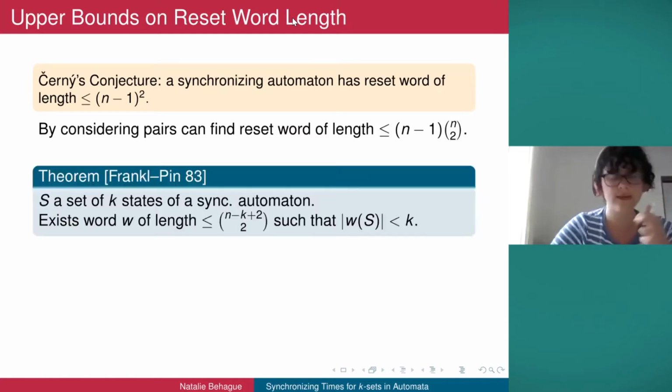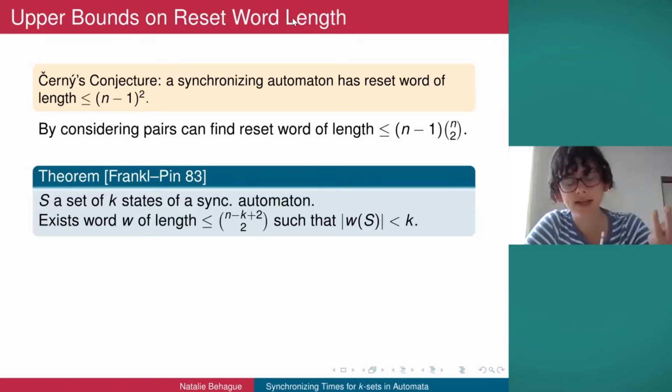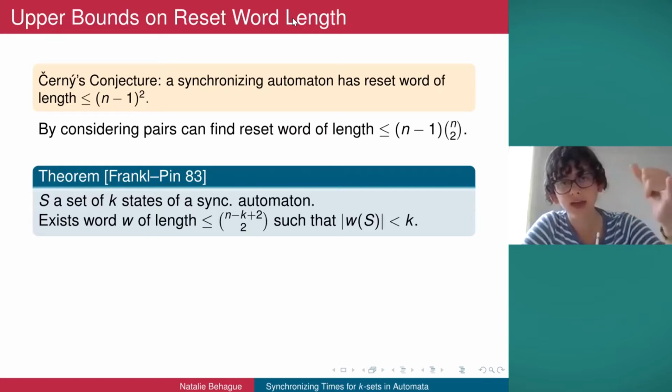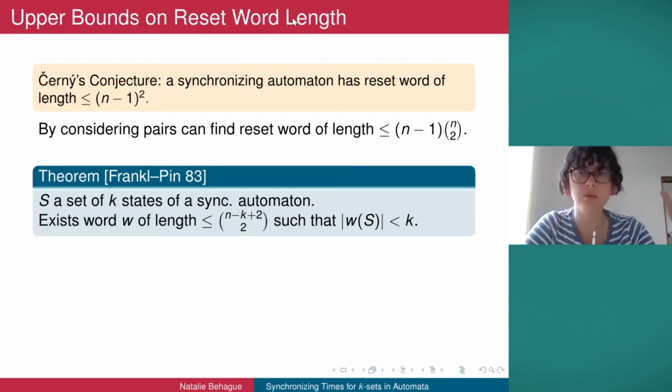So there's this theorem of Frankl-Pin from 1983, which says if you start with k states, then you can find a word of length n minus k plus 2 choose 2 that sends that set of k states to a smaller set of states. And that's exactly capturing the instinct that when you start with lots of states, you can probably find a pair that takes less time to squash down than n choose 2 steps.